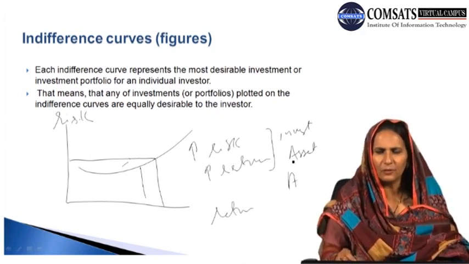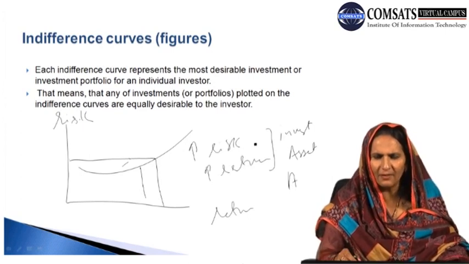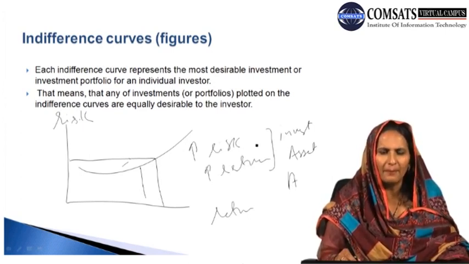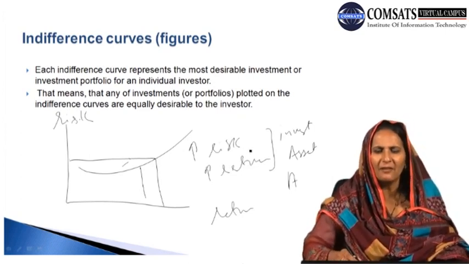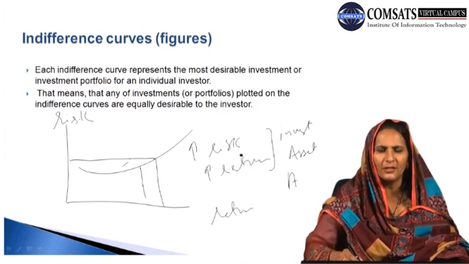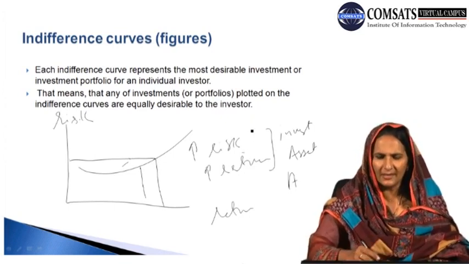So the indifference curve is a more desirable investment approach to elaborate the investment portfolio for any individual investor. That means any investment or portfolio plotted on the indifference curve is equally desirable.